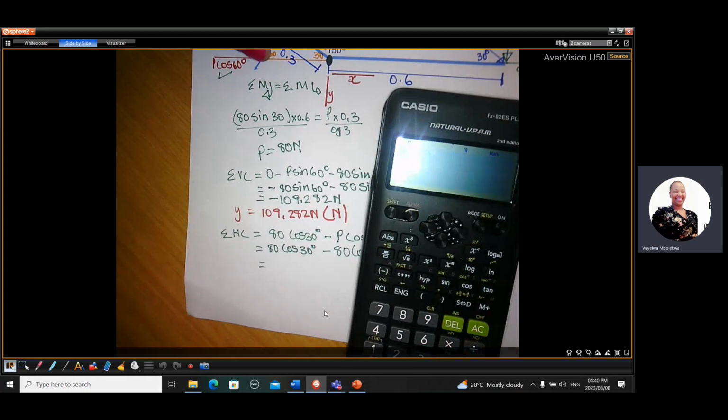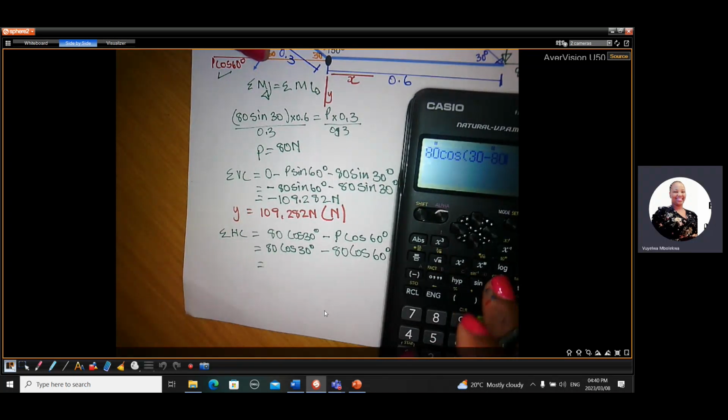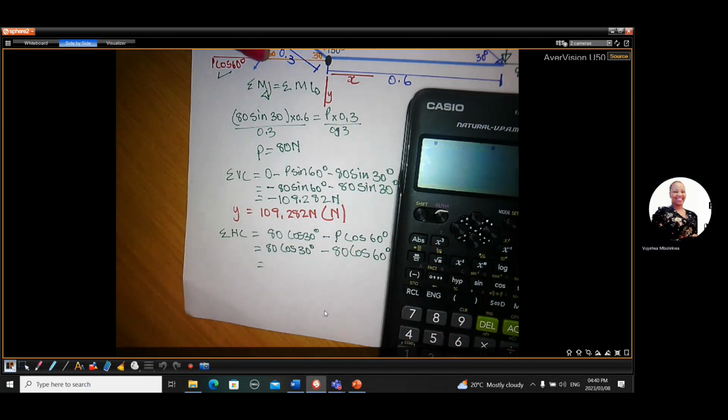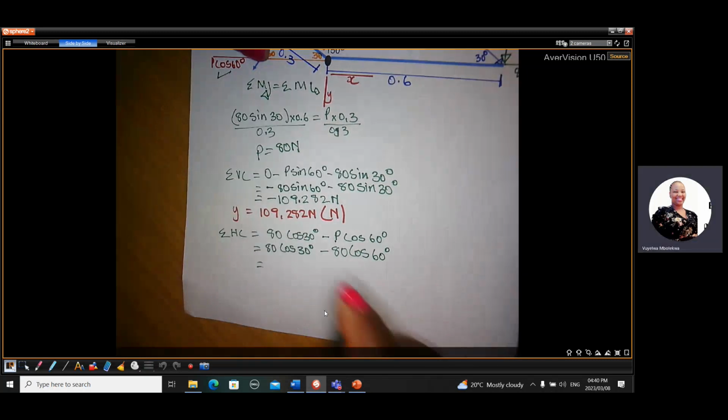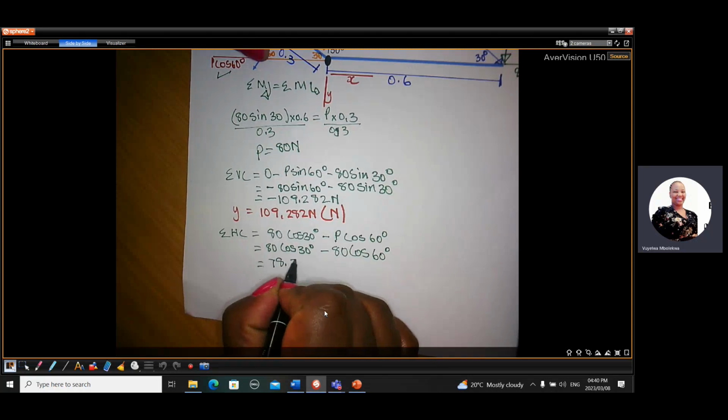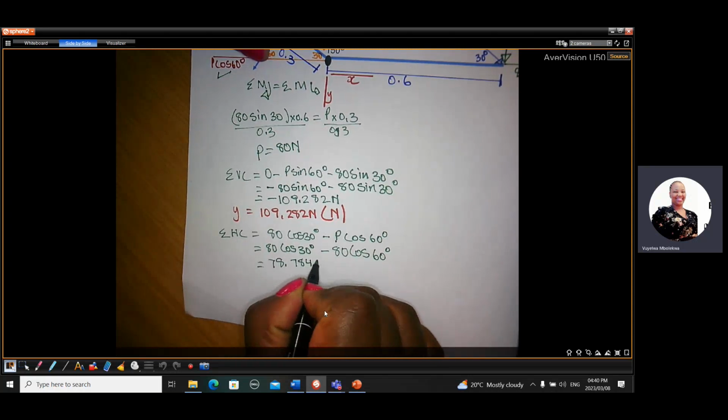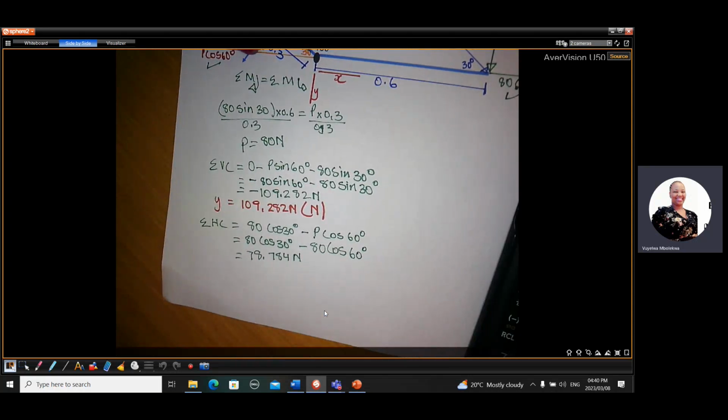So this will be 80 cos 30 minus 80 cos 60. It gives us 78.784 newtons. Let's just double check it. 80 cos 30 minus 80 cos 60.